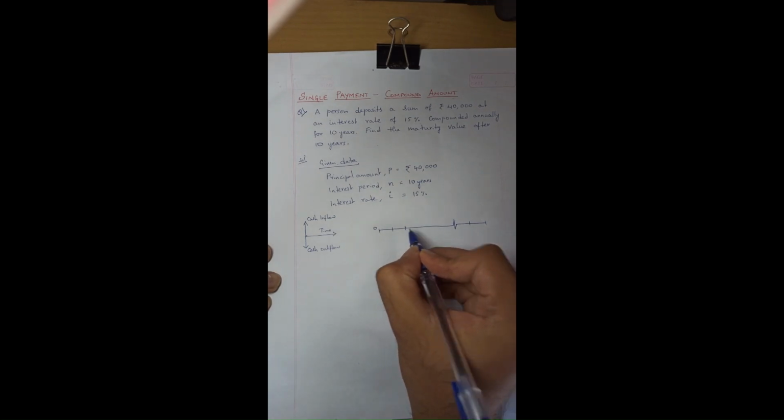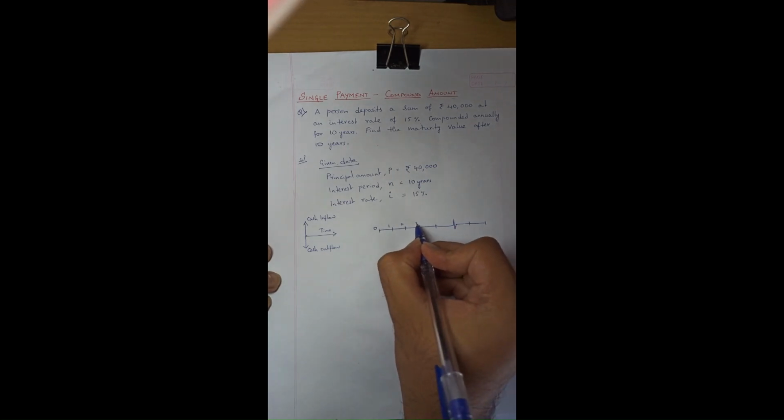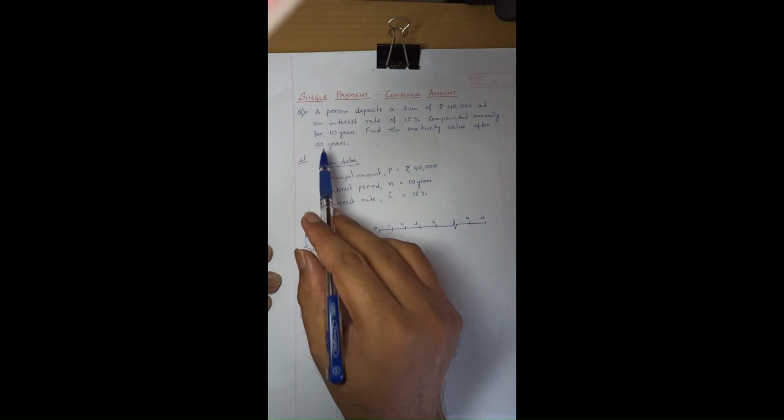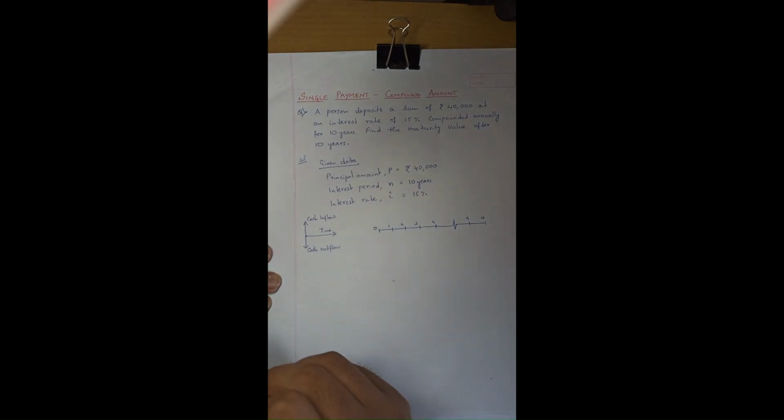Then you have equal intervals of years, so 1, 2, 3, 4 etc. This is 9 and this is the 10th year. So number of years is 10, therefore I am drawing a time scale of 10 years.